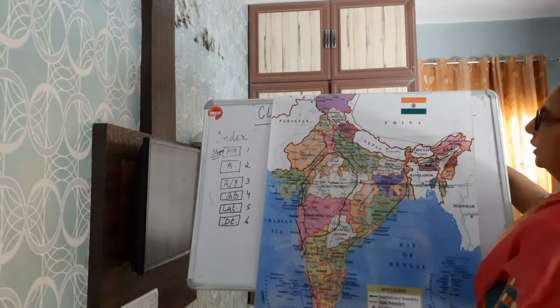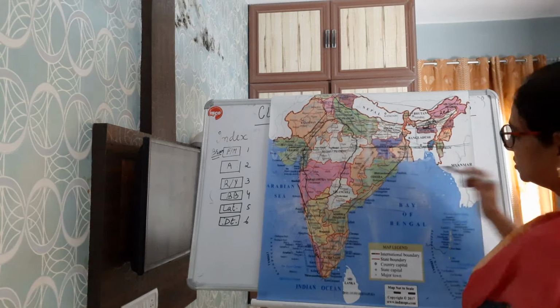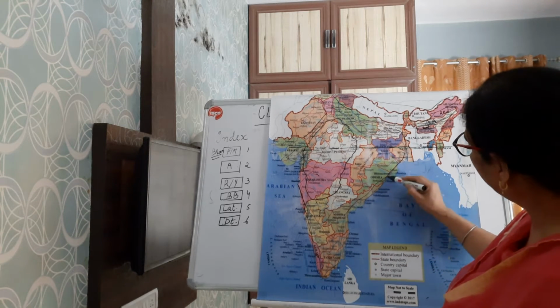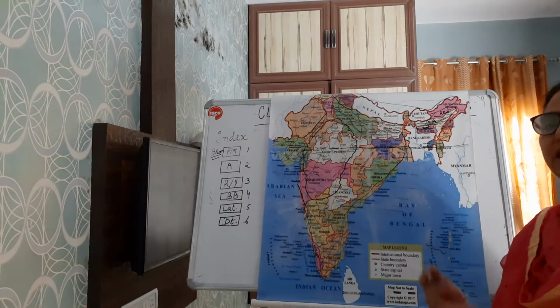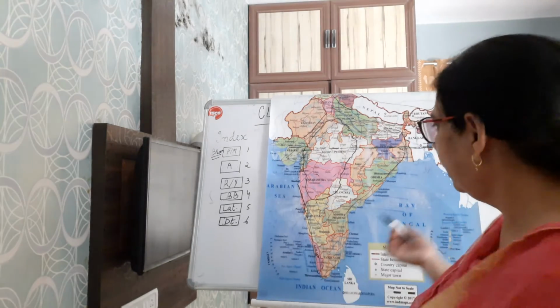Eastern coast, let me show you, till here, and this portion is having alluvial soil, right? And you will get more clarification with the map given in your book.